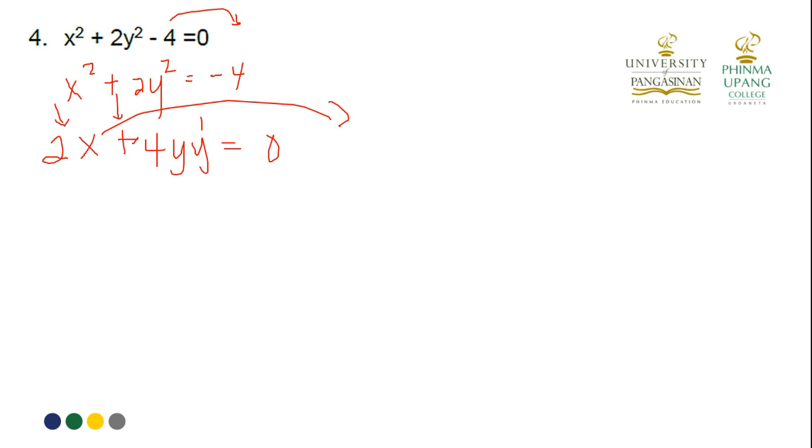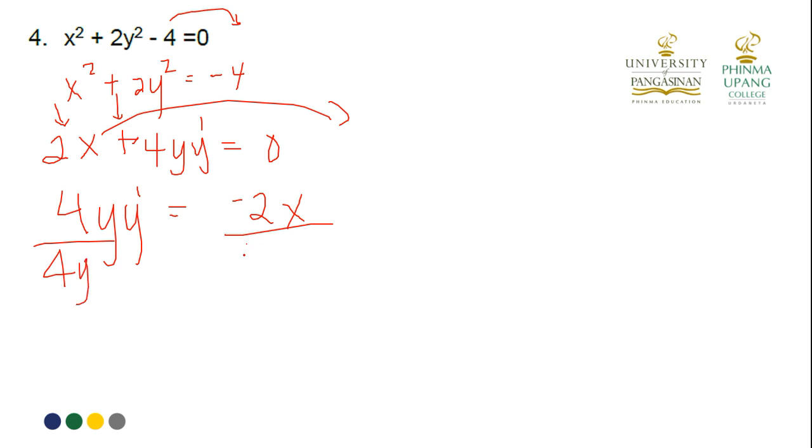Again, isolate natin. I-isolate natin again si 4 yung may y prime. Kaya magiging sagot natin dito is negative 2x. Then divide both sides by 4y. So eliminate this 4y. Maging y prime is equal to, again, 2 and 4 is divisible by 2. That's why the answer is negative x all over 2y.